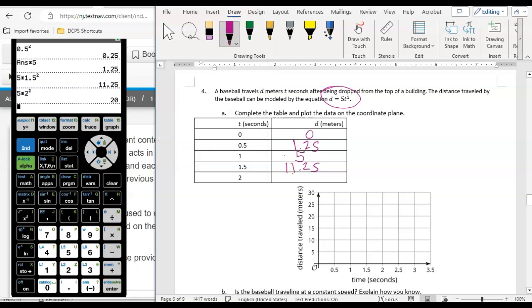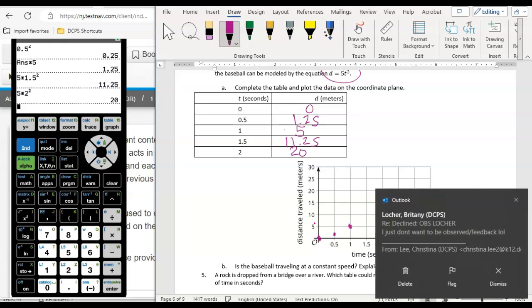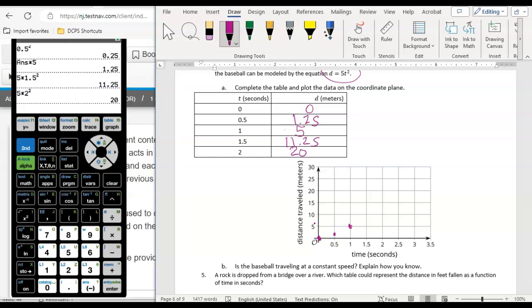You probably could have just done that in your head as 20. Okay, and so now we're going to graph this. And in this graph, we should see it going up because the distance that the baseball has fallen is increasing. So 0, 0; 0.5, 1.25; 1 is 5; 1.5 is 11.25; 2 is 20. All right.